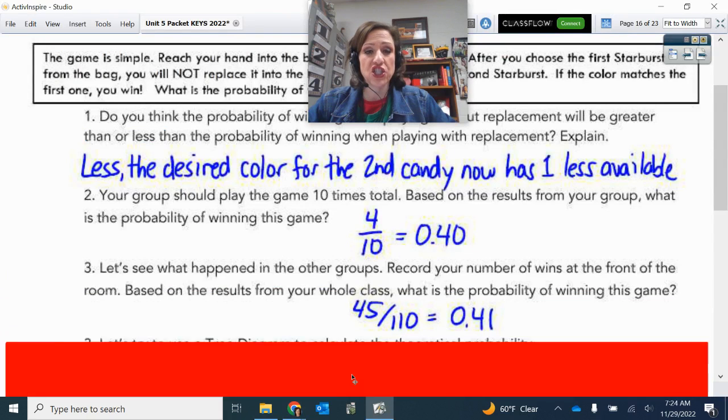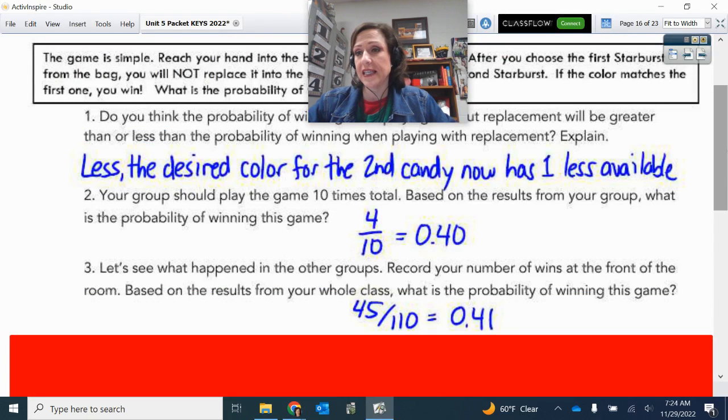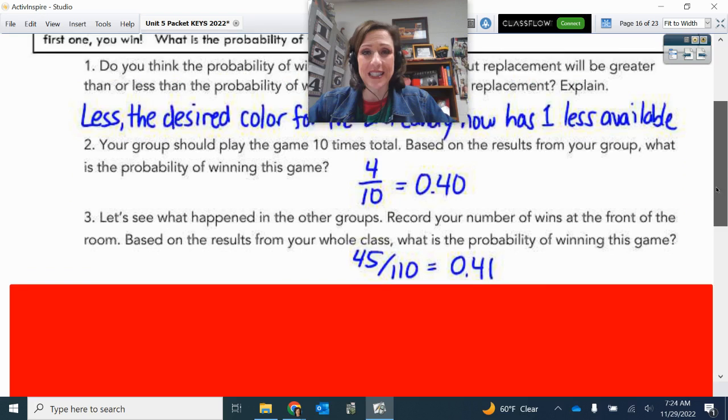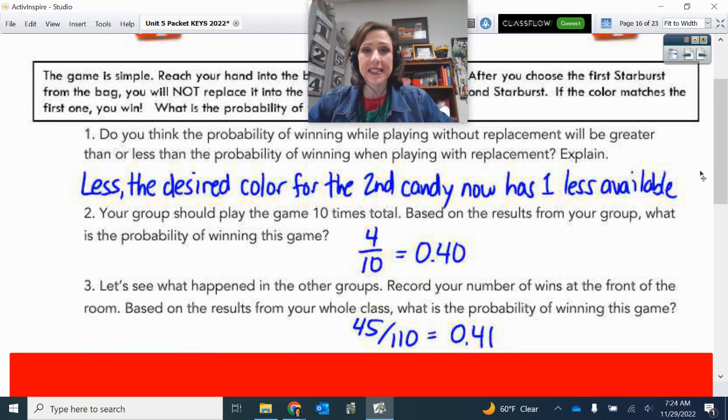So let's see here. All right. So in this case, somebody had done it a whole lot of times, 110 times, and they had won 45 out of the 110. All right. So that is all experimental. That is according to the simulation, or in actually doing the experiment, what actually happened.